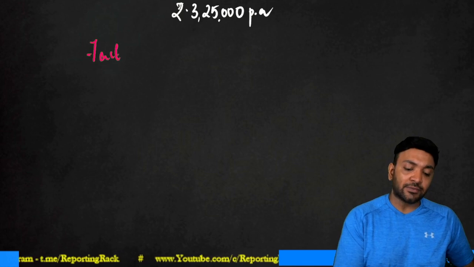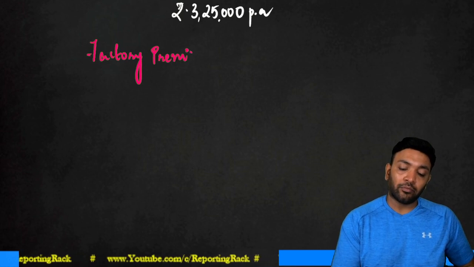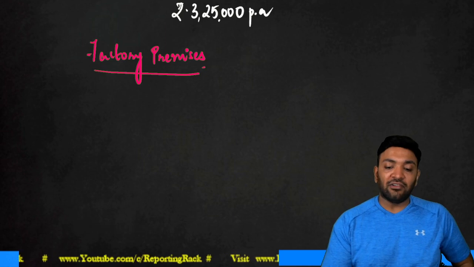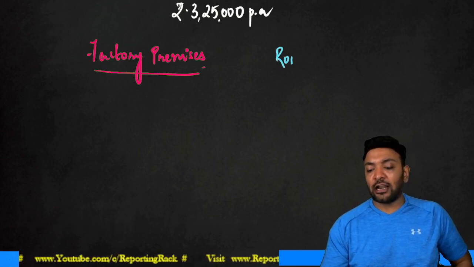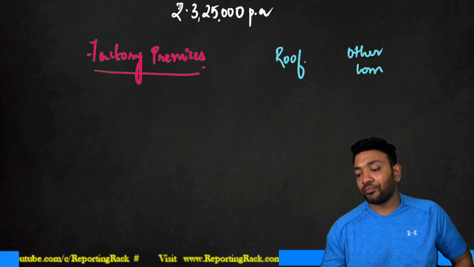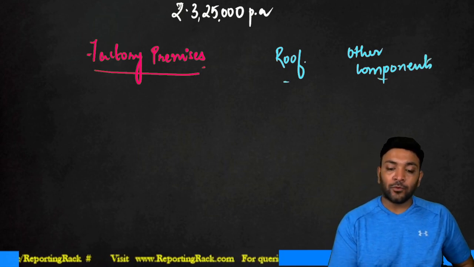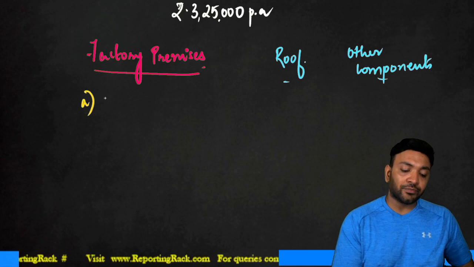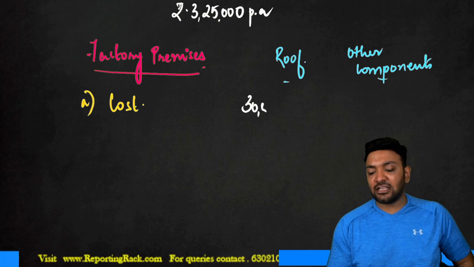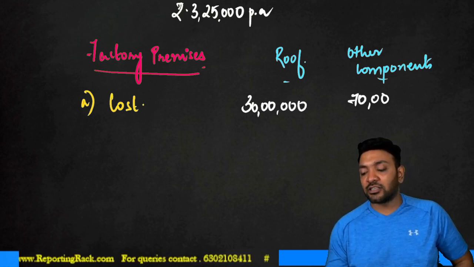Factory premises. I've divided into two parts, roof and other components. Cost: when we divided it, this was 30 lakhs for roof and 70 lakhs for other components.